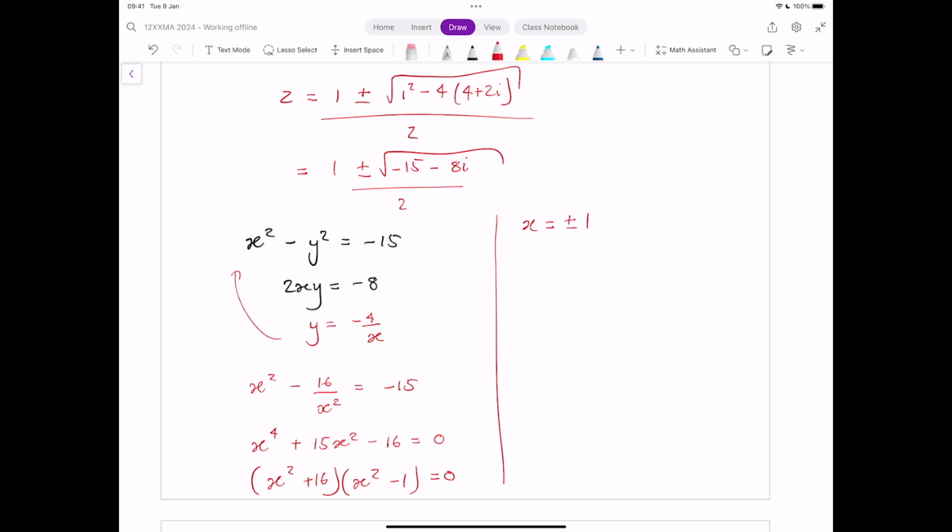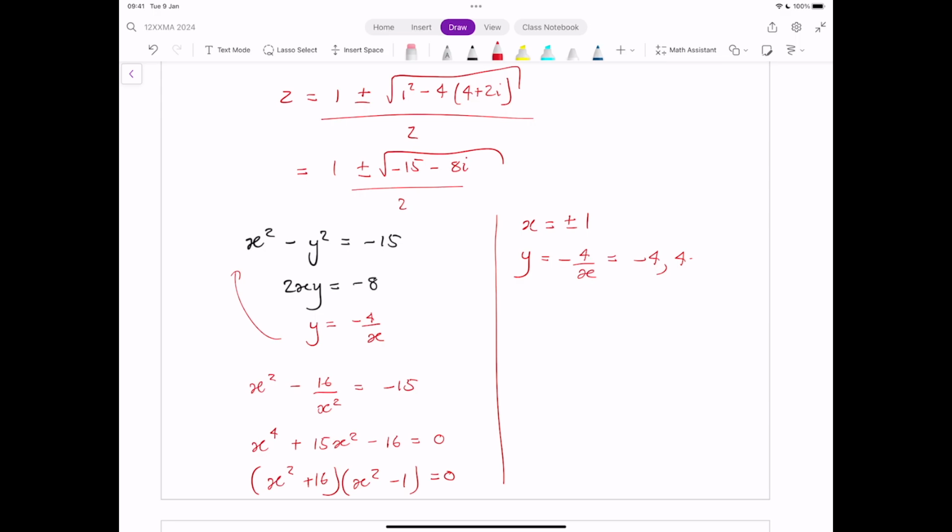Now we can't have plus or minus 4i because we can't have imaginary components to solutions to these equations. So when we're square rooting complex numbers, we're only looking for real answers as x and y. Substituting that into y is minus 4 on x, we're going to have y is equal to minus 4 or positive 4.